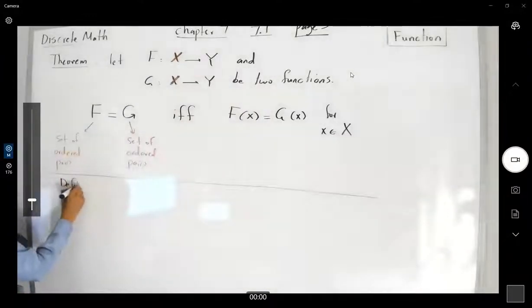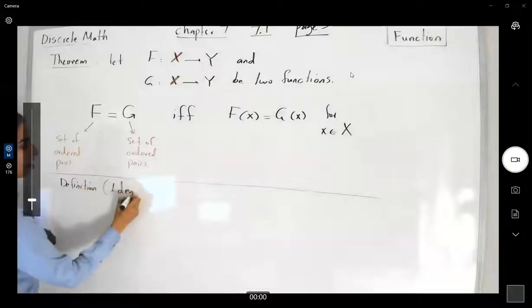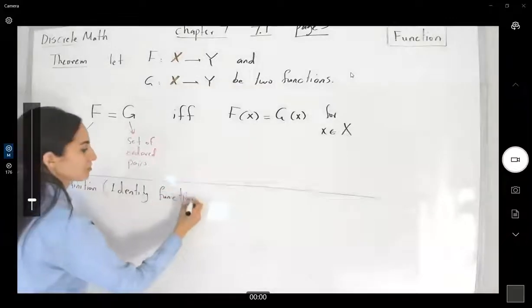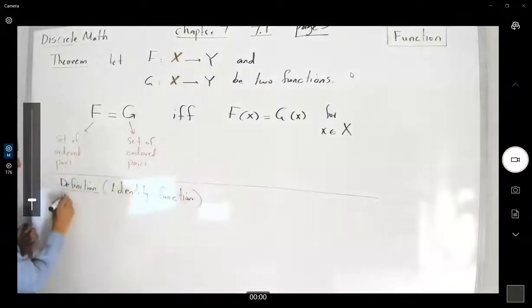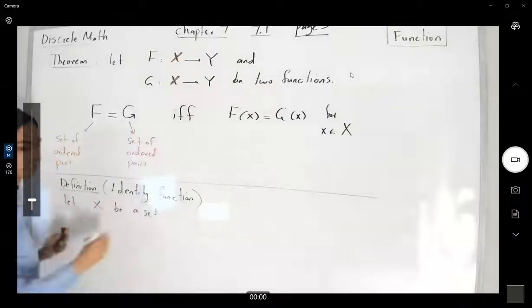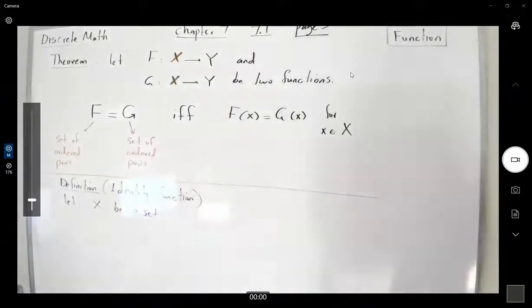Definition of identity function. So let X be a set. Answer me this. Have you seen this graph before?